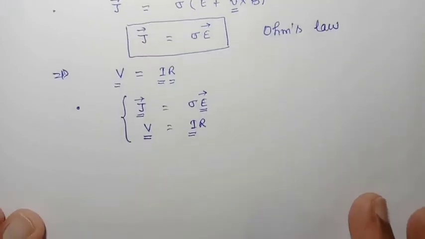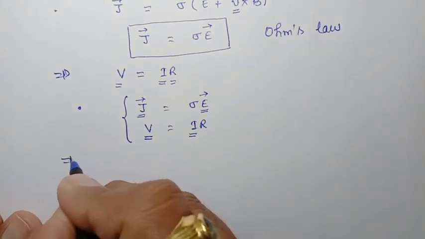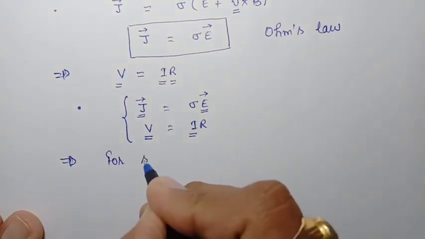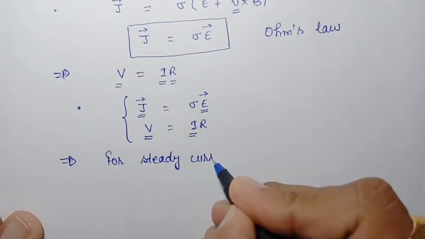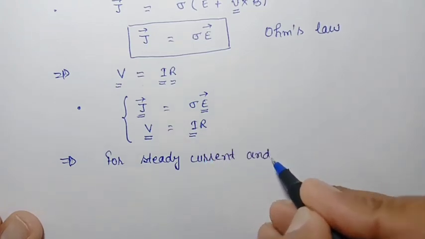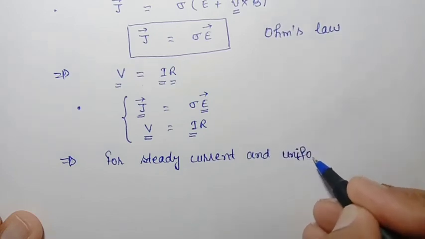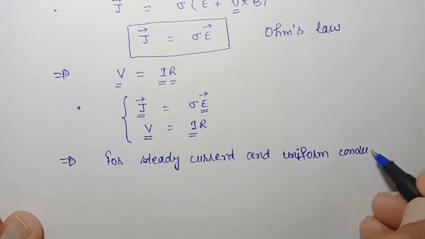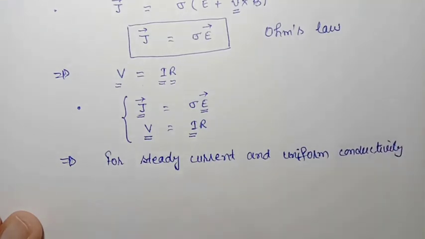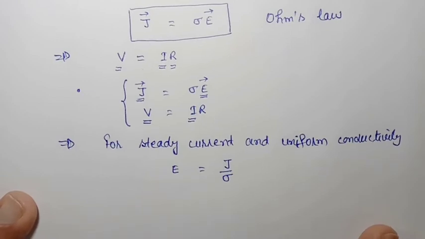Okay, so here for steady current and uniform conductivity, we can write E equal to J over sigma, because J is equals to sigma E, so we can write electric field equal to J over sigma.